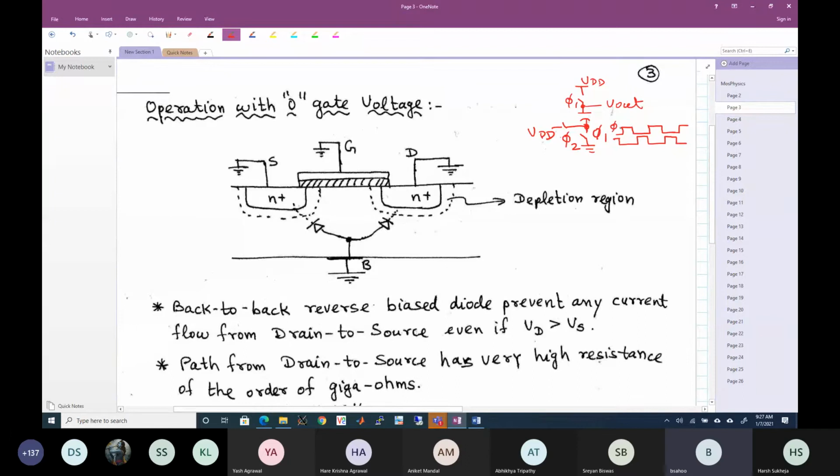So this is phi 1 and this is phi 2. How does the output voltage look like? What will be the output voltage in phi 2?